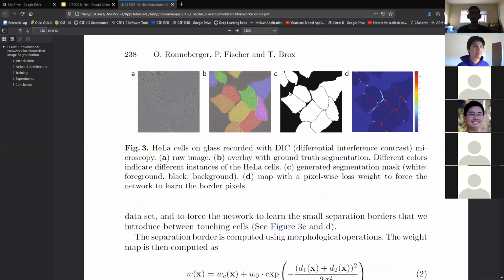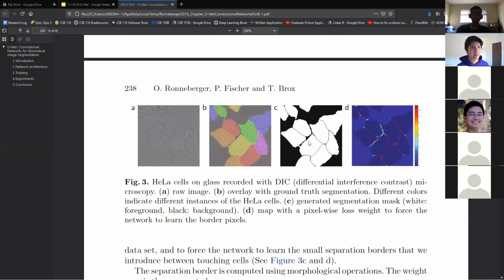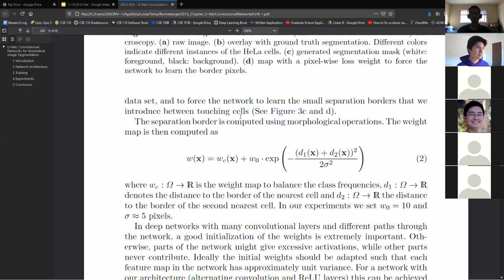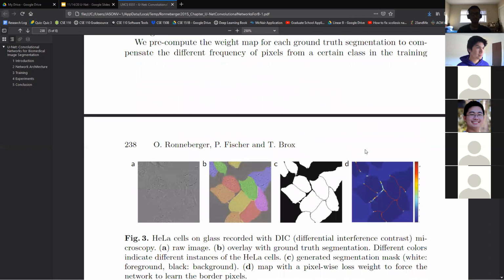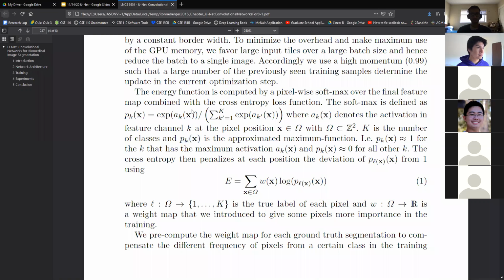I think in this example, yes, it's just cell or not cell, but I think UNet can be extended to multiple classes. The interesting thing was that you mentioned the loss is softmax. I was kind of confused about the loss initially because softmax is used for classification with multiple different classes.